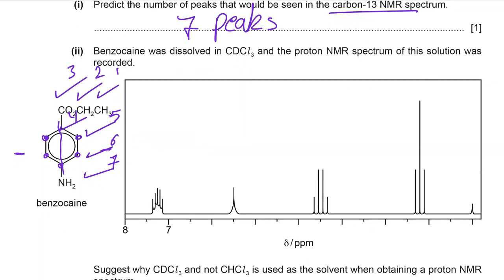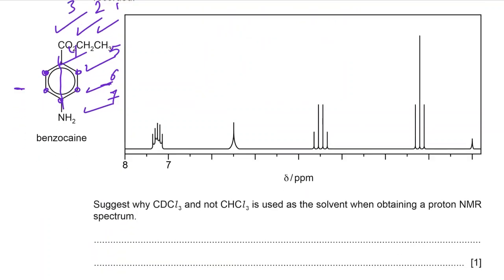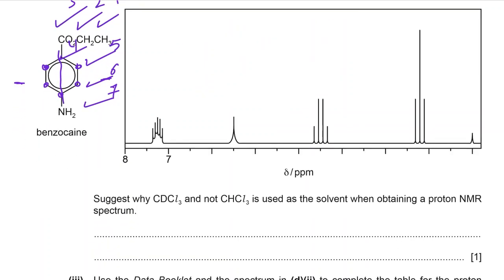In the next question, benzocaine was dissolved in deuterated chloroform, CDCl3, and the proton NMR spectrum of this solution was recorded. Suggest why CDCl3 and not CHCl3 is used in the proton NMR.